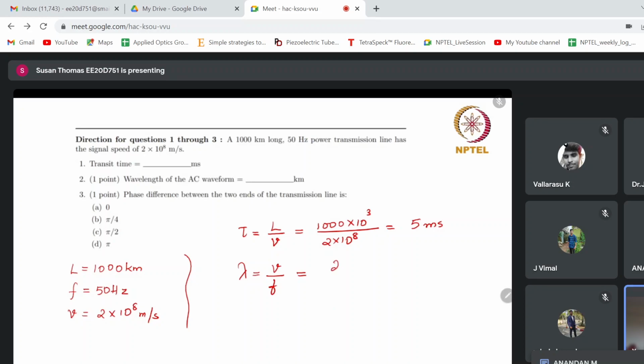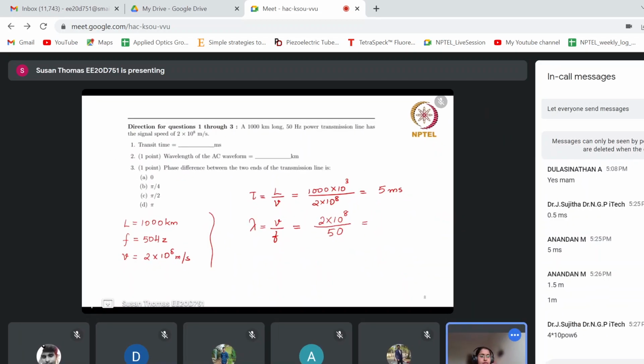So basically velocity or speed is 2 into 10 power 8 and F, frequency, is 50 hertz. Can you please try again? Yes, we got an answer from Dr. J. Sujita. Thank you. 4 into 10 power 6. So in kilometers, it is 4,000 kilometers.